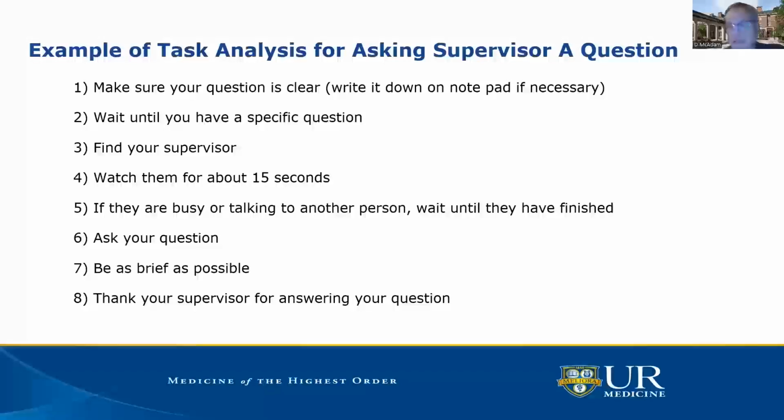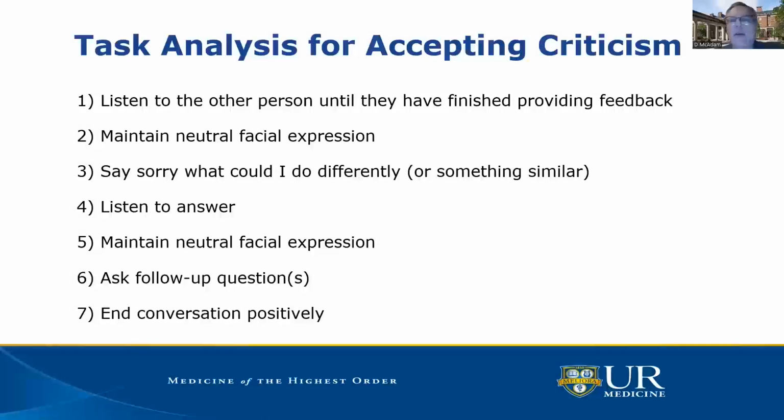So this is the sequence of steps for doing that. Another skill that some students may have difficulty with is accepting criticism. So this is a task analysis that could be used to help a student that has difficulty accepting criticism from a boss, from a supervisor, from a peer.